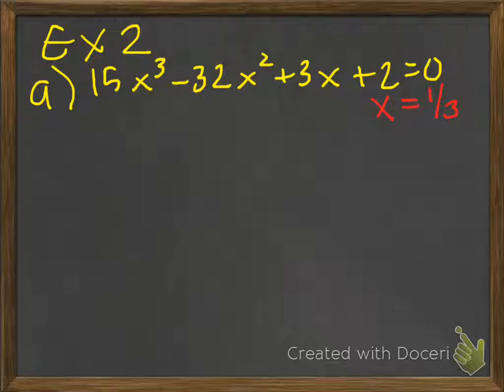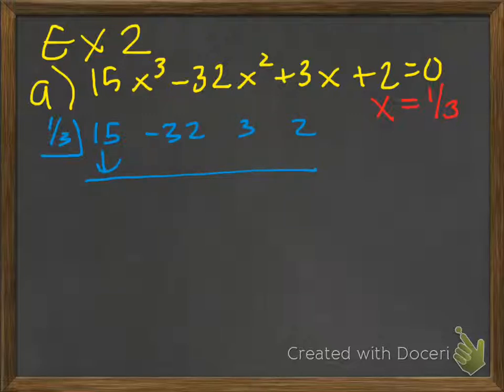So we are going to use this to our benefit, and we're going to do synthetic division with this first answer that I'm giving you. I'm not changing the sign here because I'm telling you that x is 1/3, so it's already been solved for. We still put our coefficients: 15, negative 32, 3, and 2.